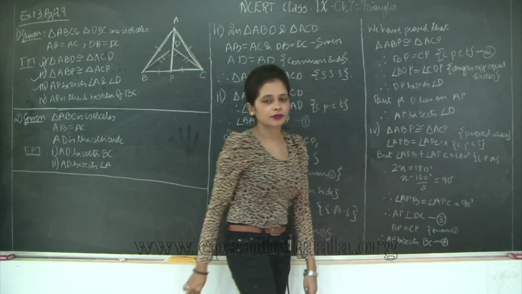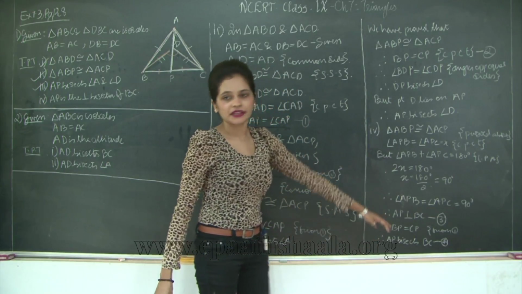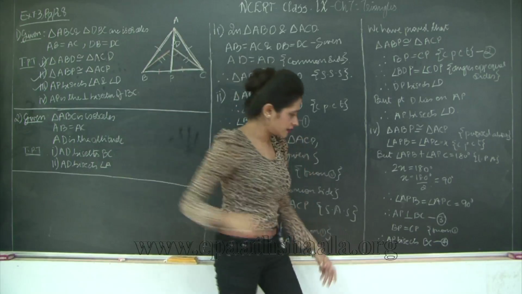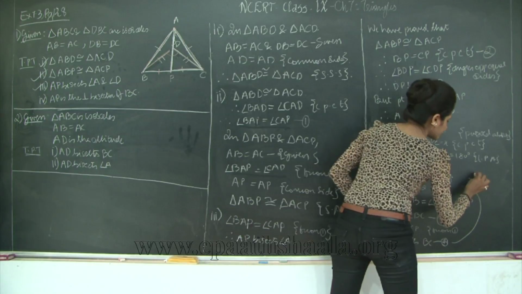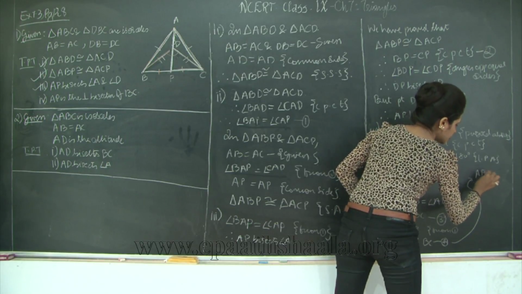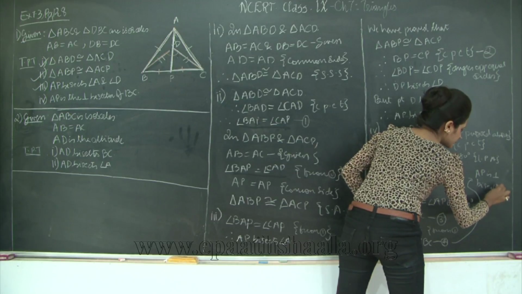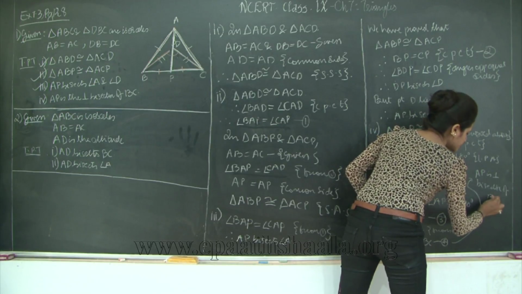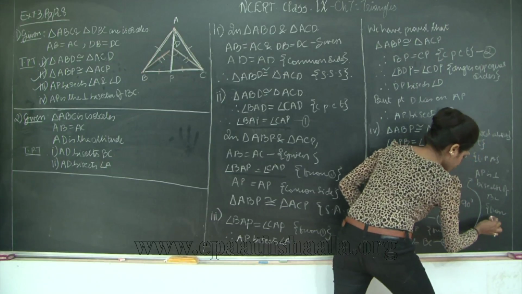Therefore, what can I say from 3 and 4? That AP is the perpendicular bisector of BC. Correct? So, let me write this over here. AP is perpendicular bisector of BC. And I will say from 3 and 4.